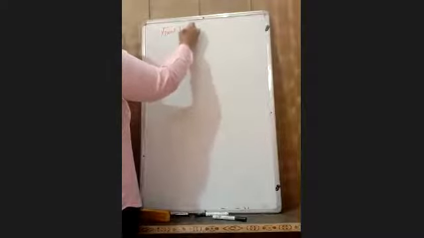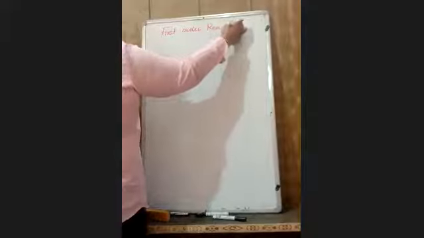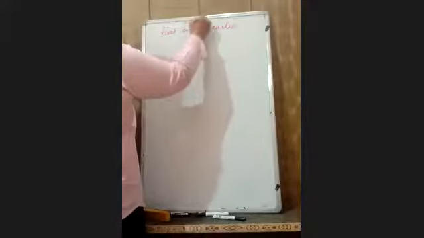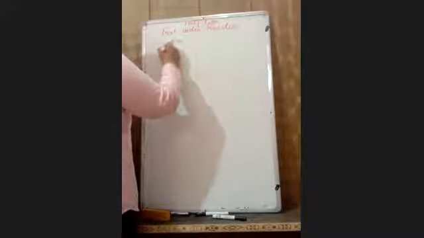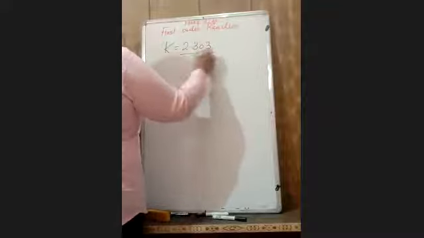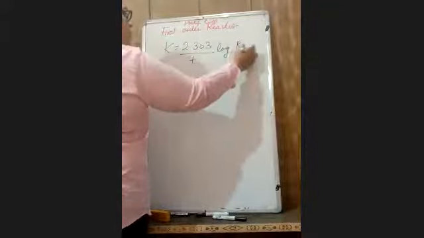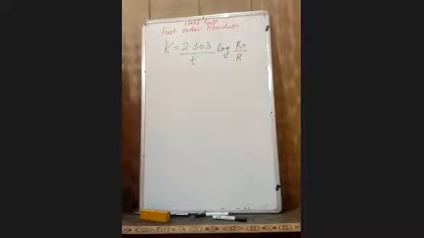Now, half-life of first order reaction. What is the formula of K for this reaction? K is equal to 2.303 over T log R naught over R. You know it.